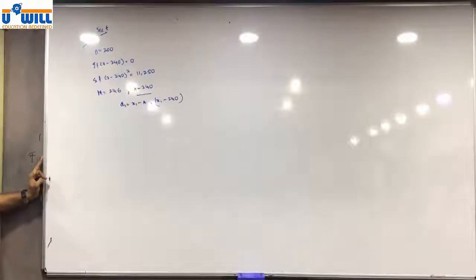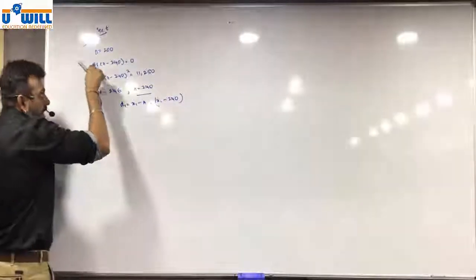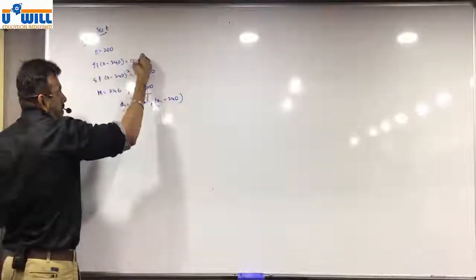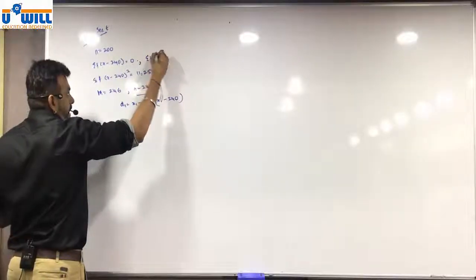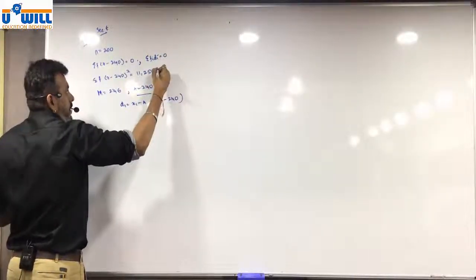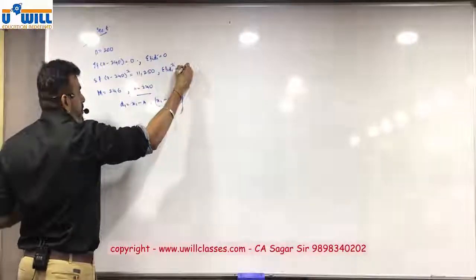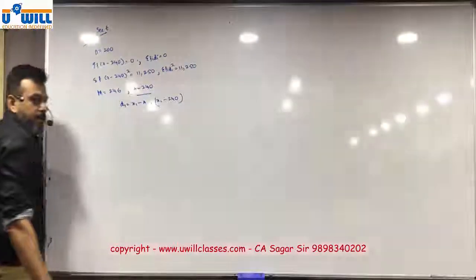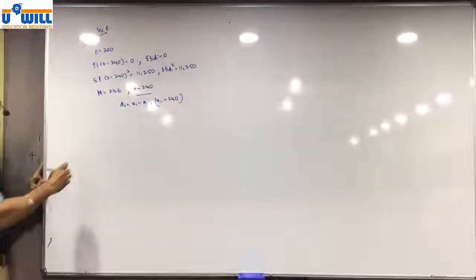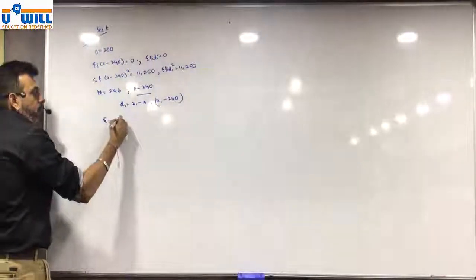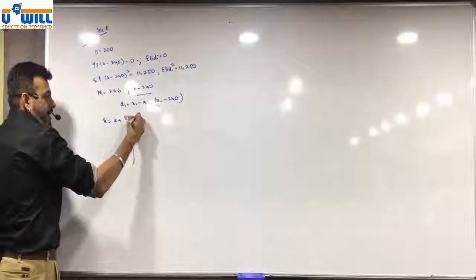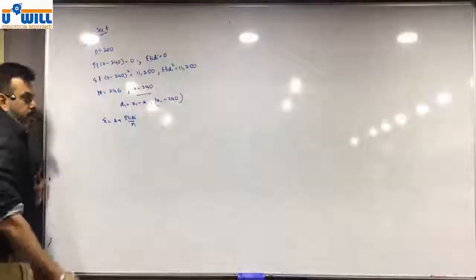Understood this? Now this sigma f into d, we take fi di is equal to 0, and over here sigma fi di square is equal to 11,250. Now to find the mean, x bar is equal to a plus sigma fi di upon n.